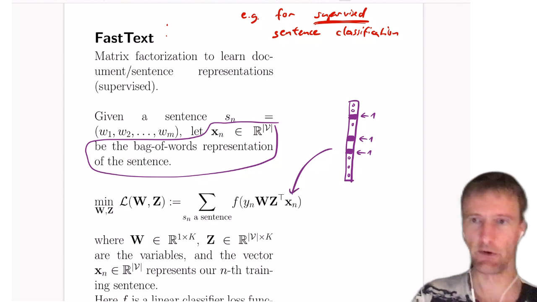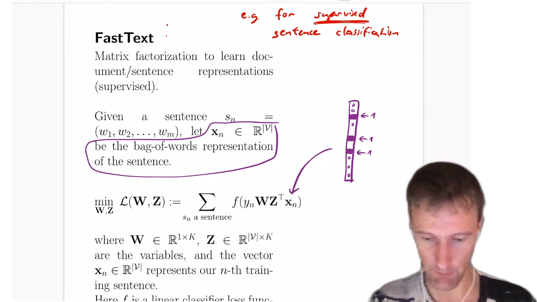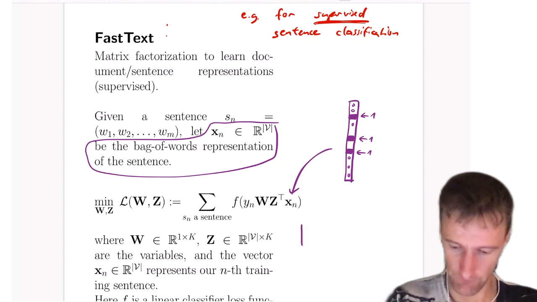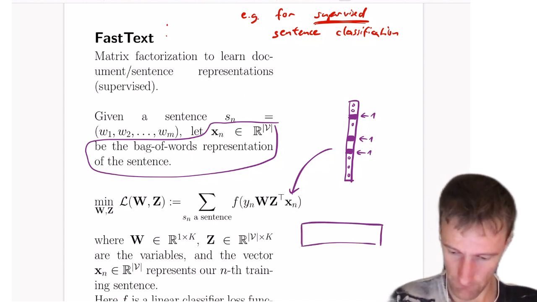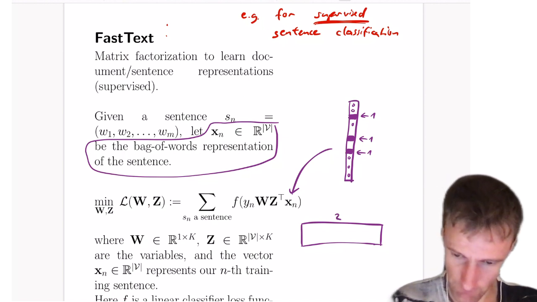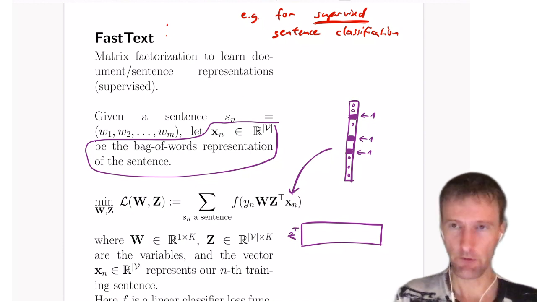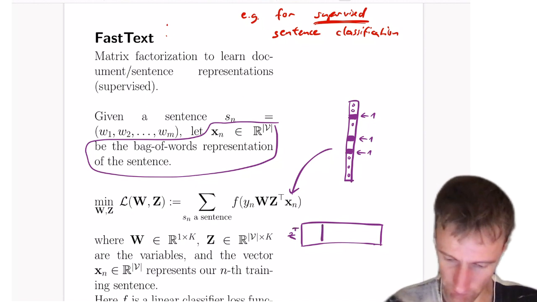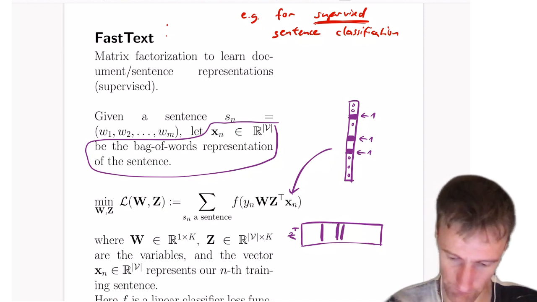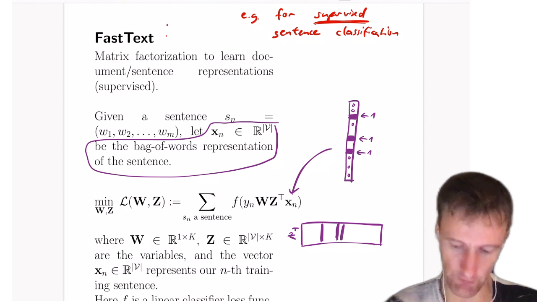And then what happens is that it gets multiplied with a Z matrix. That is very simple. Z transpose, and what happens if you do that is pretty clear. It will select the columns of the words which are present in your sentence.